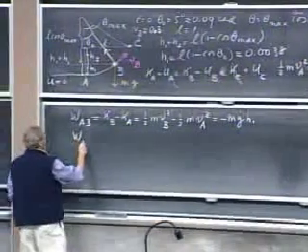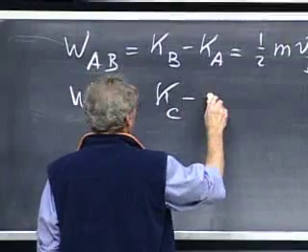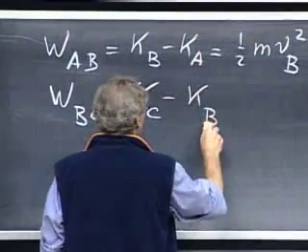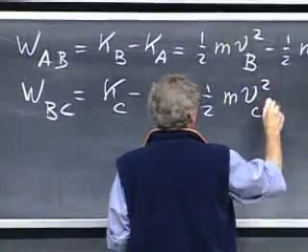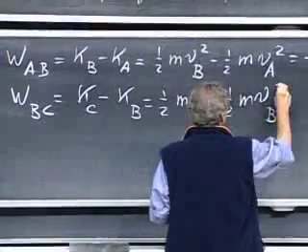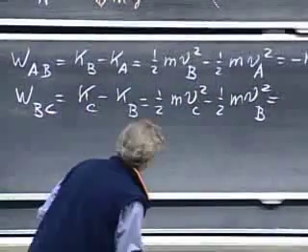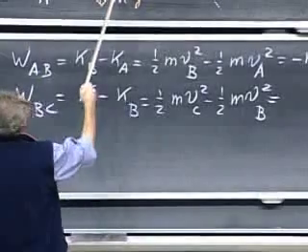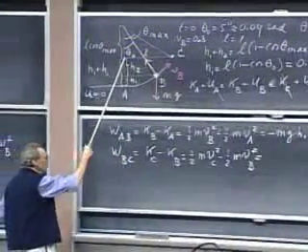The work done when the object goes from B to C is the kinetic energy at C minus the kinetic energy at B. That equals 1/2 m v c squared minus 1/2 m v b squared. And that is the work that gravity is doing when the object goes from B to C. And that work is minus mgh2.